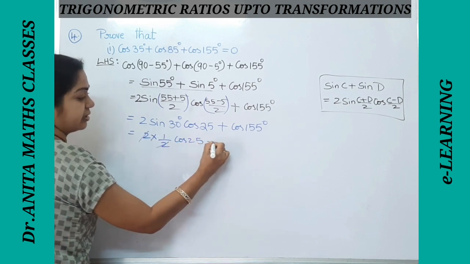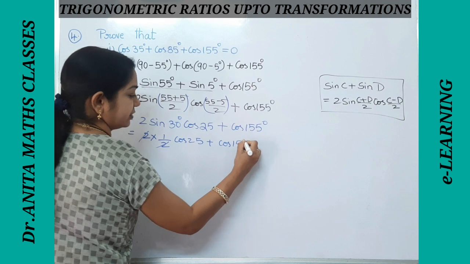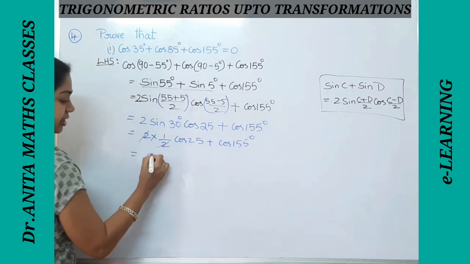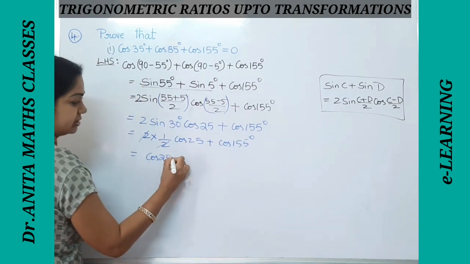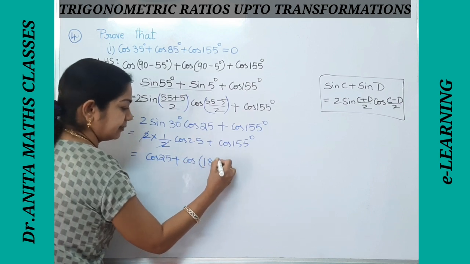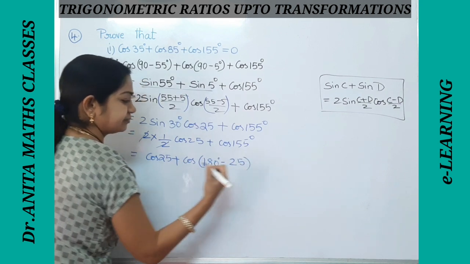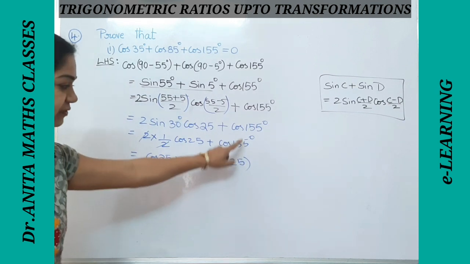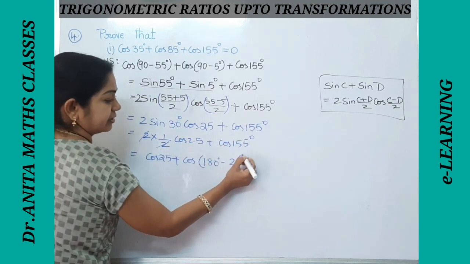Now we get cos 25 degrees plus cos 155, and I can write cos 155 as cos (180 minus 25), which is 155 degrees.